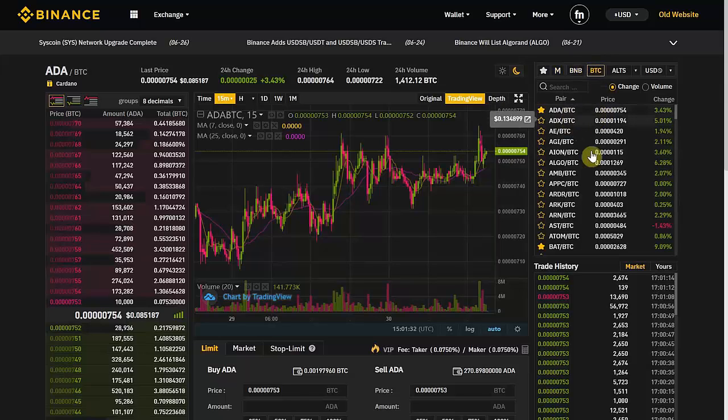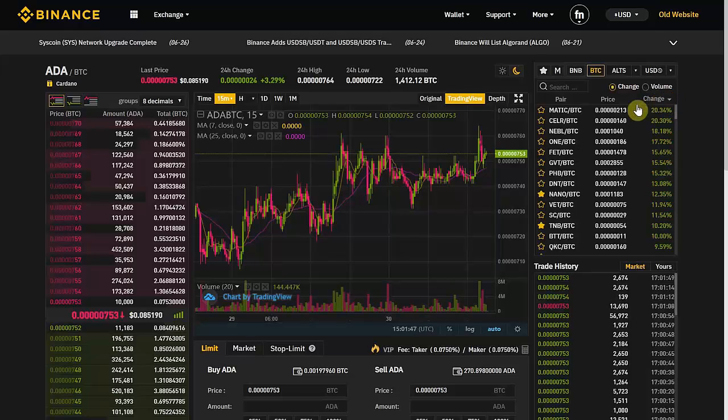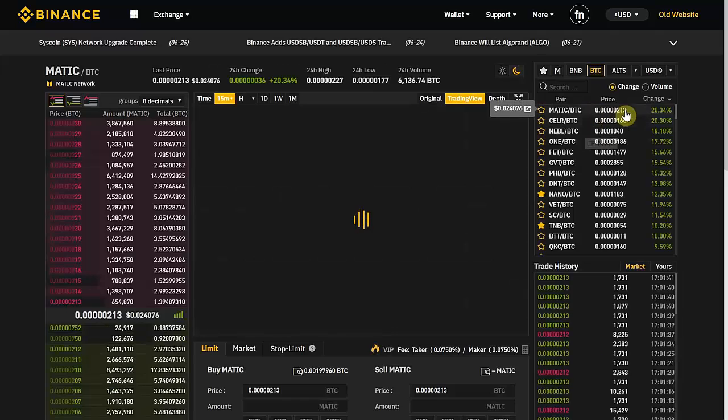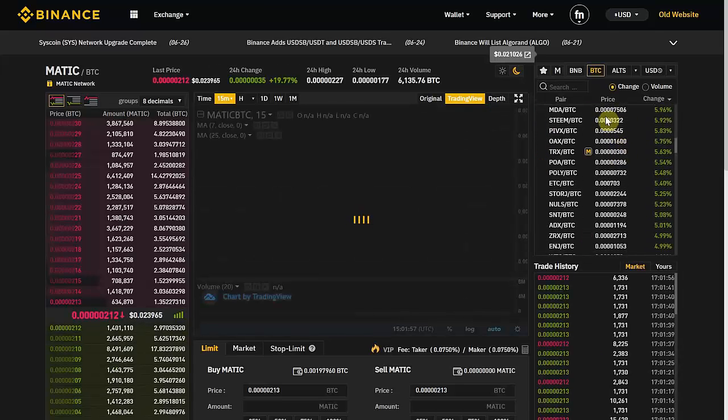And here you have the BTC pairs. So right now we're looking at Cardano here. You can filter and sort based on volume or percentage. You can sort over here. Matic, I don't know what this one is. Anyways, this is where you can select the market that you want to buy.